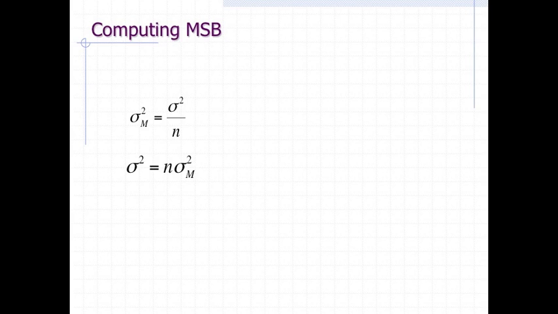Rearranging this formula, we can see that the variance is n times the variance of the sampling distribution of the mean. Therefore, if we knew the variance of the sampling distribution of the mean, we could compute the variance by multiplying it by n. Although we do not know it, we can estimate it with the variance of the sample means.